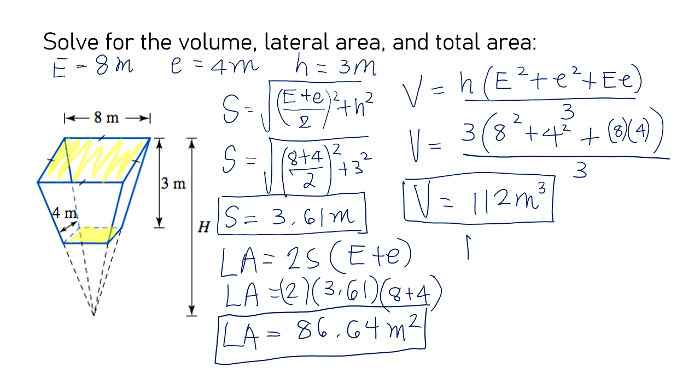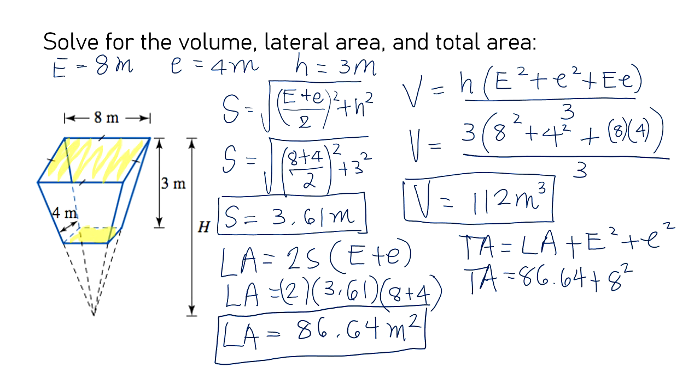Then, for our total area, we have lateral area plus big E squared plus small e squared. So we get 86.64 plus 8 squared plus 4 squared. Hence, we get 166.64 meter squared.